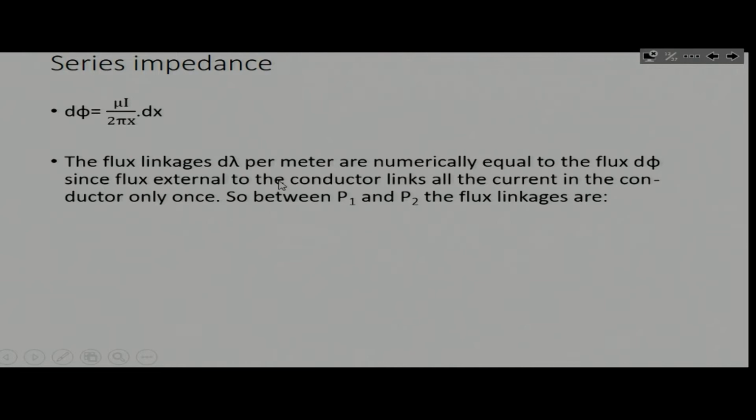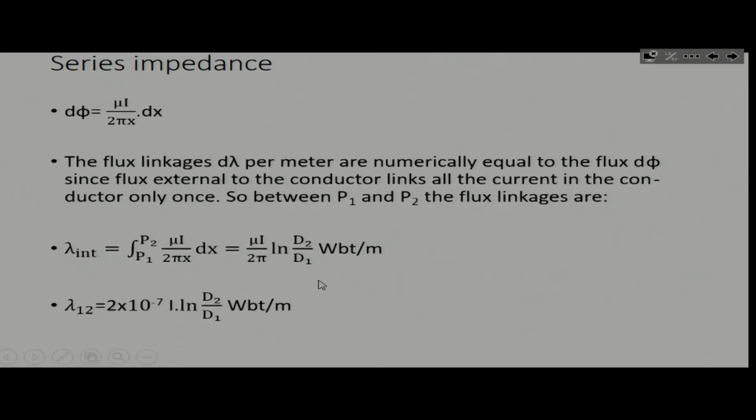The flux linkages d lambda per meter are numerically equal to the flux d phi, since flux external to the conductor links all the current in the conductor only once. So between P1 and P2 the flux linkages are lambda 1,2 equals the integral from P1 to P2 of d phi, and that gives us mu I over 2 pi ln D2 over D1.